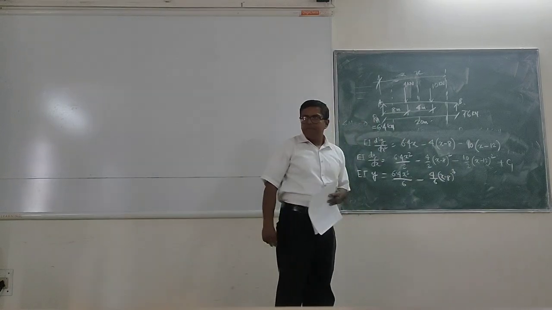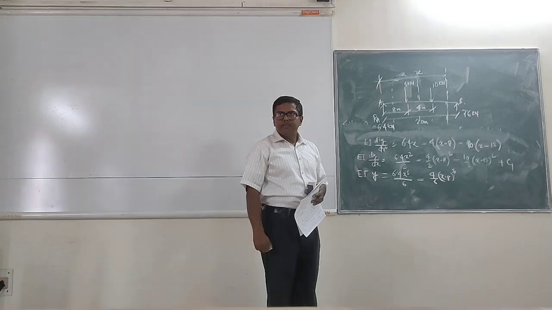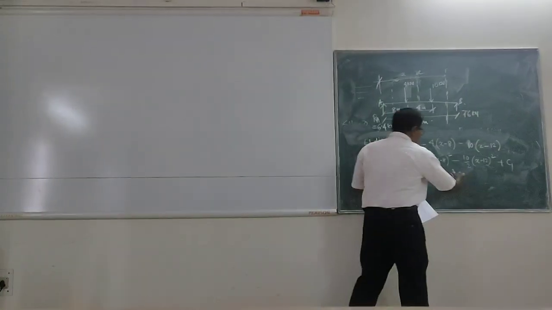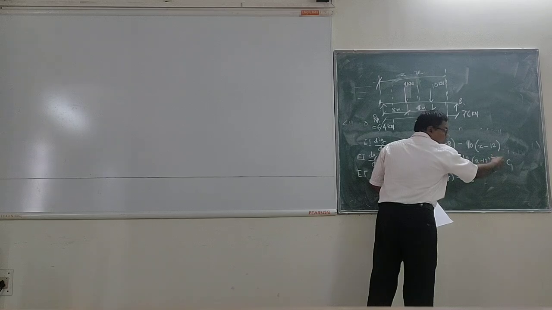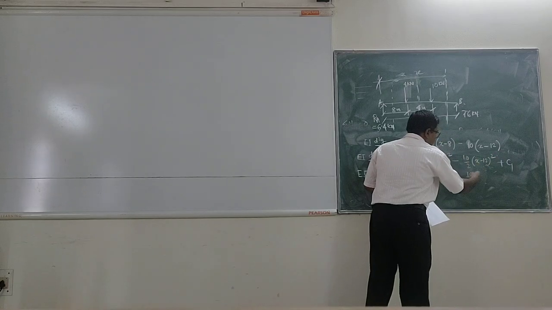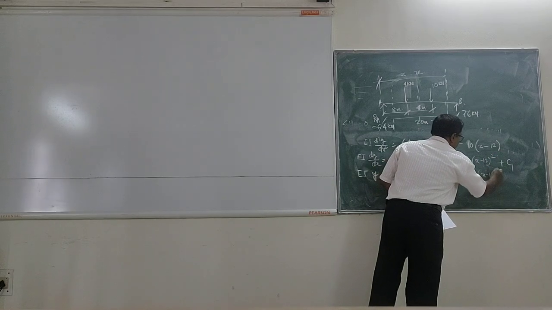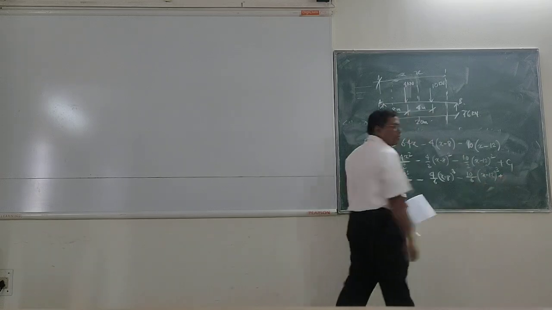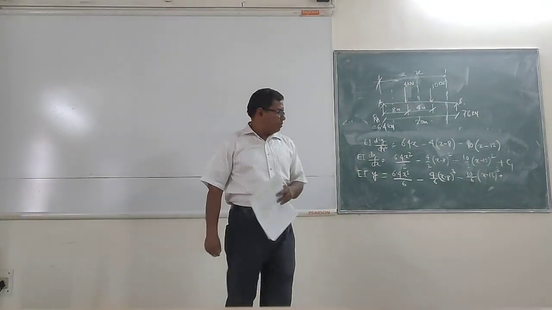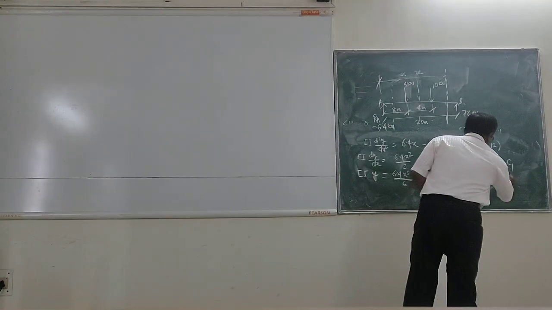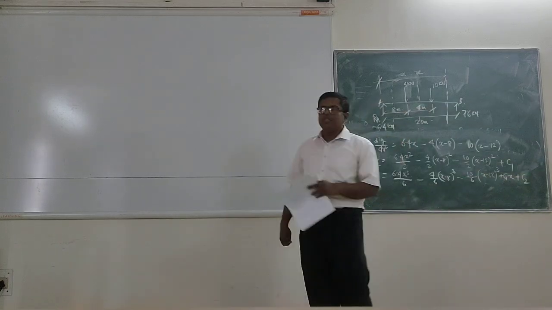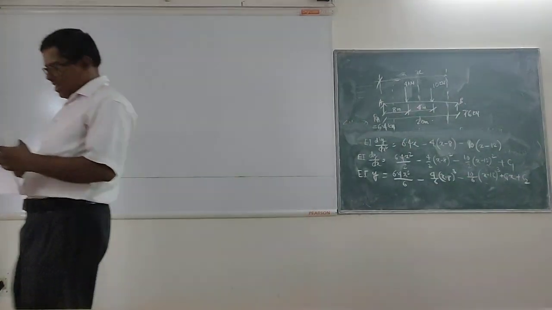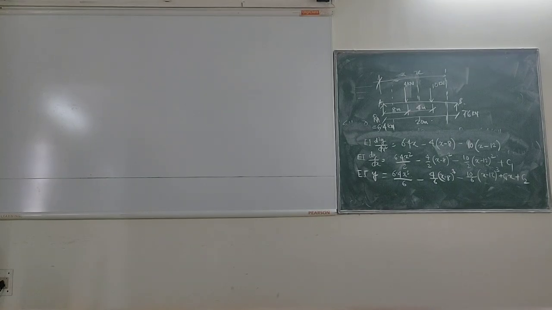Correct? Is it clear? Next, minus 10 by 6 into x minus 12 whole cube, plus C1x, plus C2. These are the two equations you got. Have you understood? Is it clear?